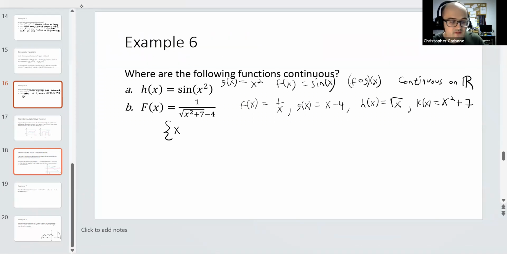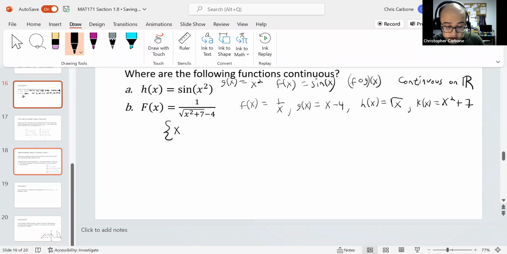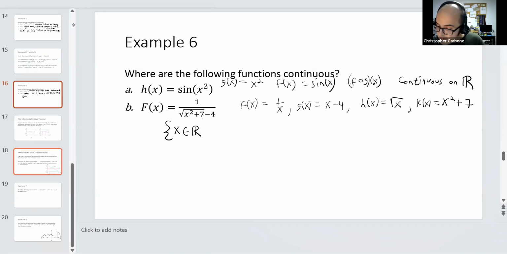So we have all the values of x that are real numbers such that the square root of x squared plus 7 cannot be 4, due to this square root of x squared plus 7 minus 4 in the denominator. Because of that, x cannot be positive or negative 3.